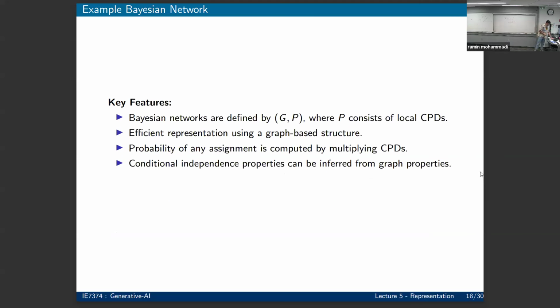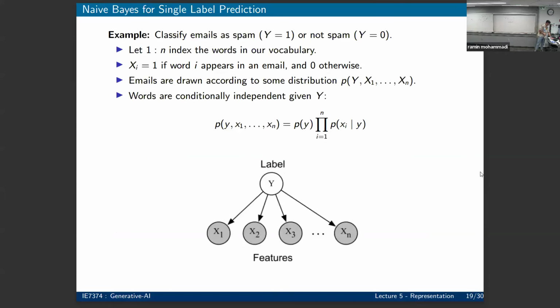Now let's go to naive Bayes. I assume you're familiar with naive Bayes, but just think about it from the generative perspective. It's a generative classification, where the probability of y given x comes from the probability of x given y times the prior.